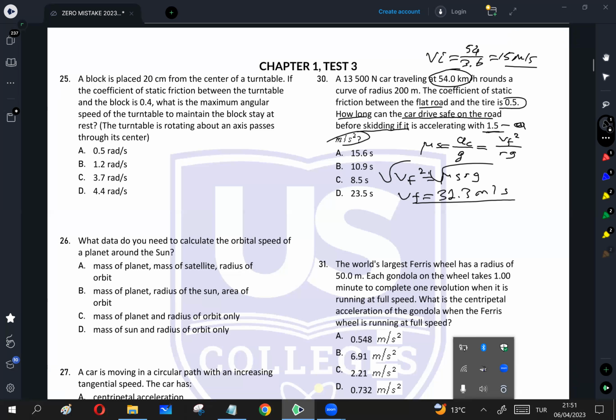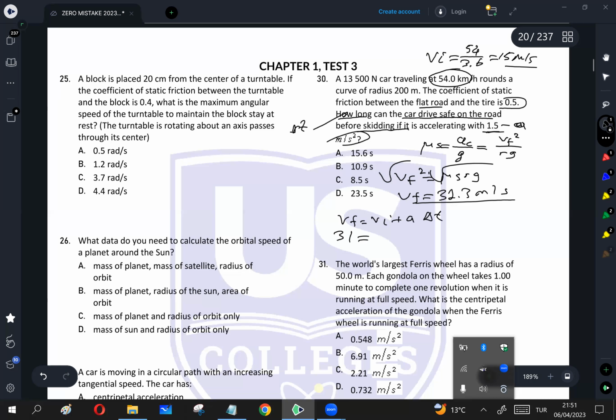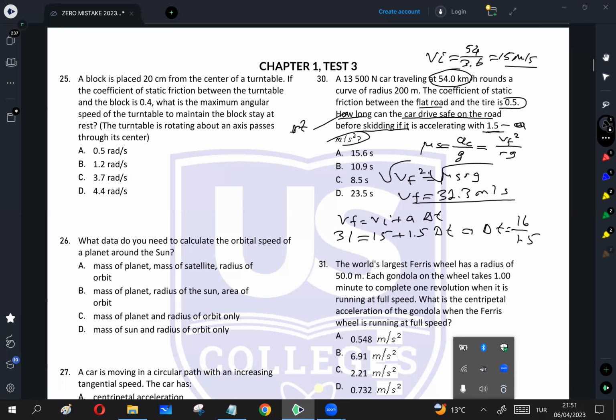Then I can calculate how long it will take, delta t, using the kinematic equation: V final equals V initial plus a delta t. Final is 31, initial is 15, a is 1.5. Delta t is 31 minus 15, which is 16, over 1.5.